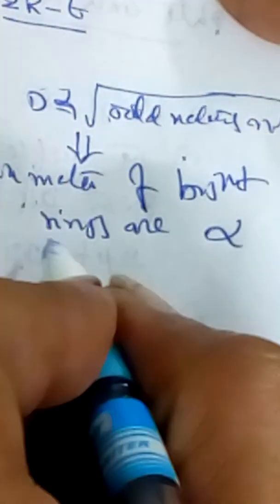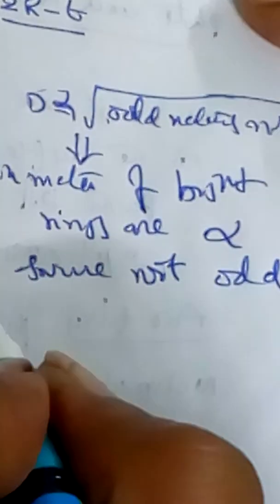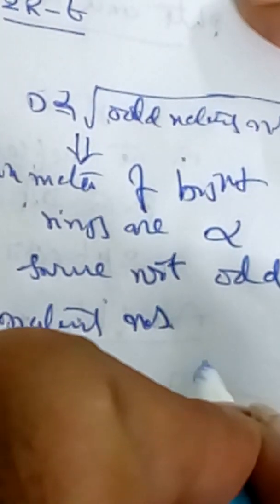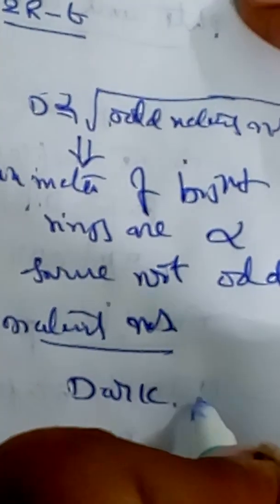So therefore we can say the diameters of bright rings are proportional to square root of odd natural numbers. Clear? Let us take dark ring.